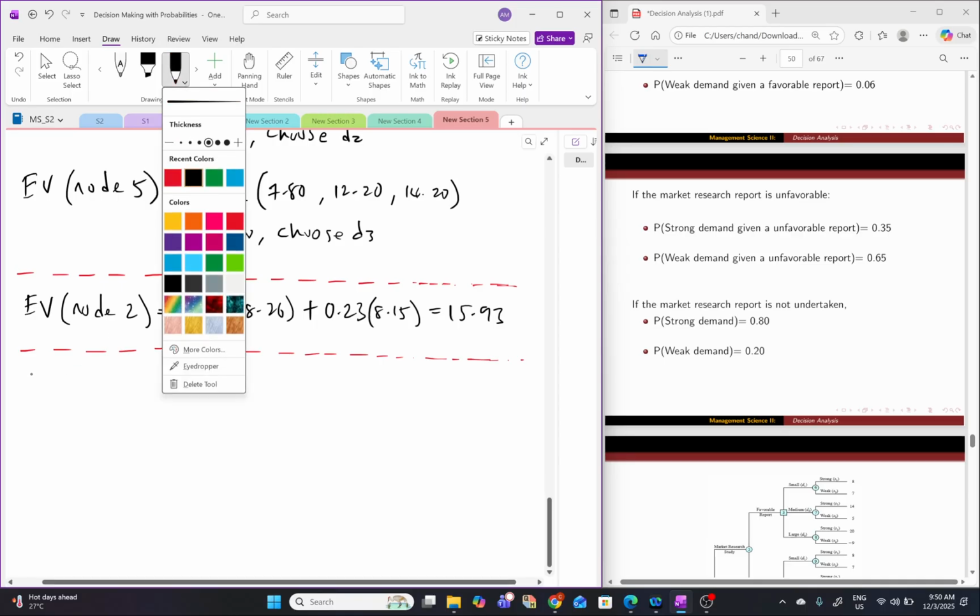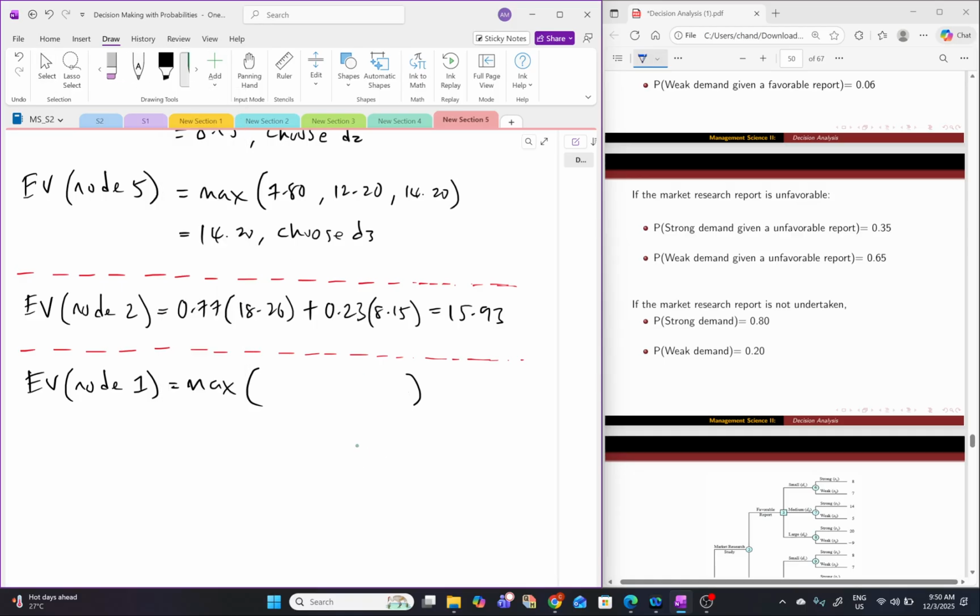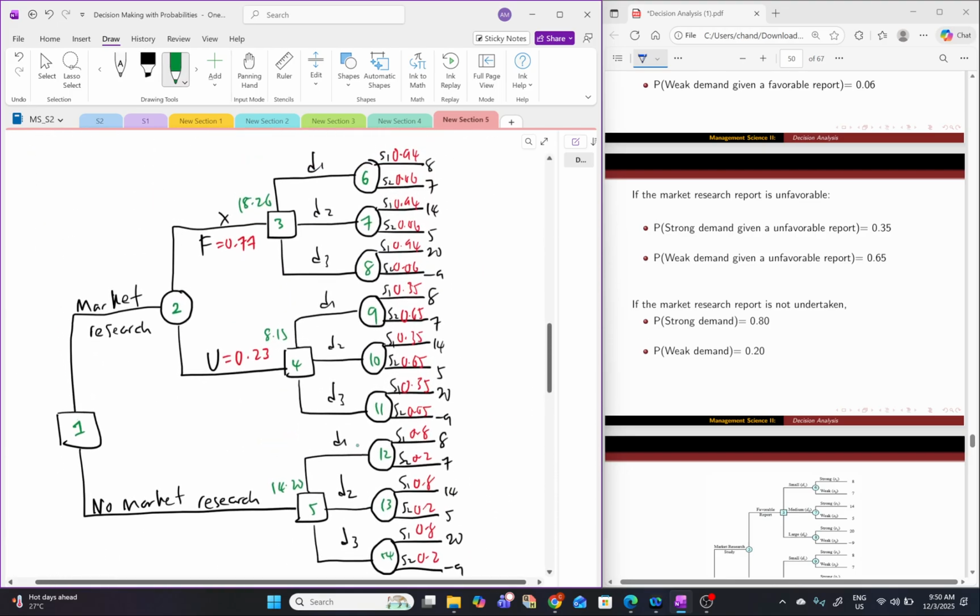Last one. Maximum of two number. Yang 15.93 ni tulis kat sini ya.